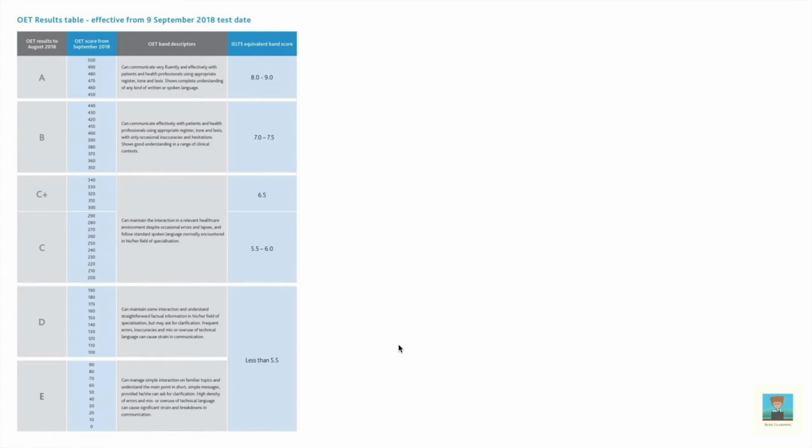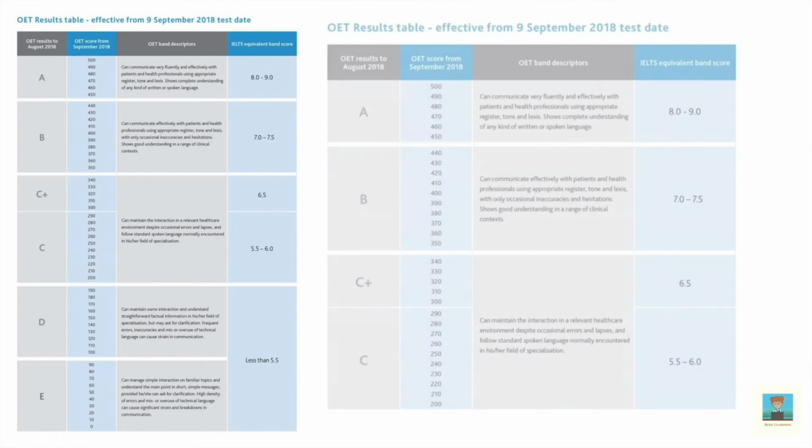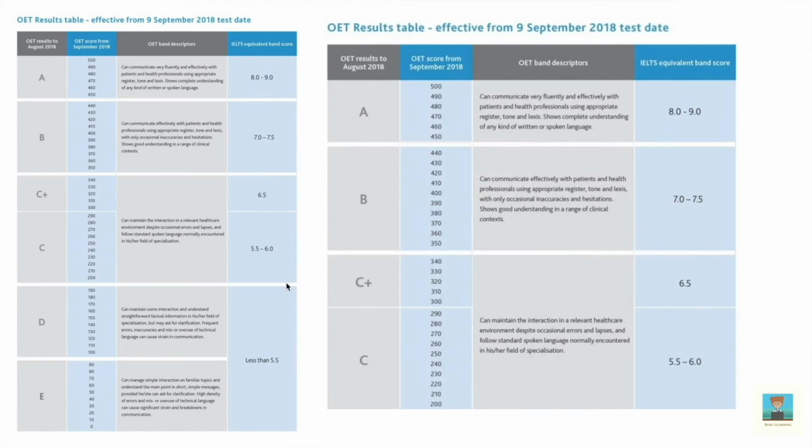How is it marked? Well, you're given a band score between E and A. And what we want to focus on is a band score of B, which is what most pharmacists need to be able to practice. This means that you will get a numerical score of between 350 to 440.